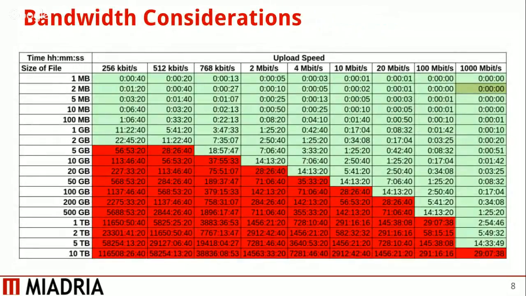A few words about bandwidth consideration. Here you can see a table showing the time needed to upload files of certain sizes, and you can see that with, for example, a 2 megabit upload connection, you need more than half a day to upload a 10 gigabyte file.